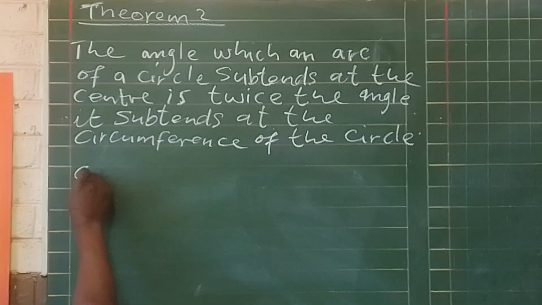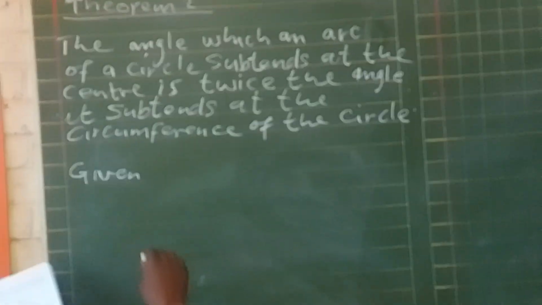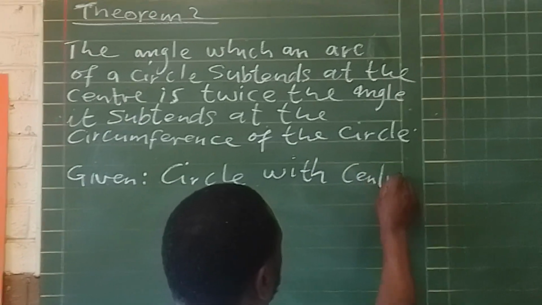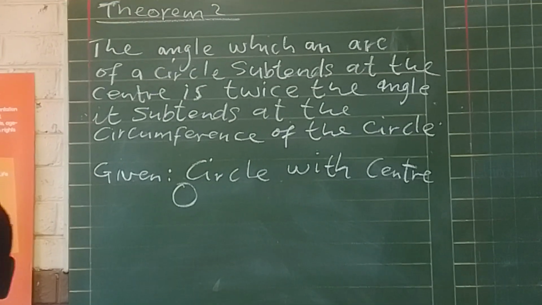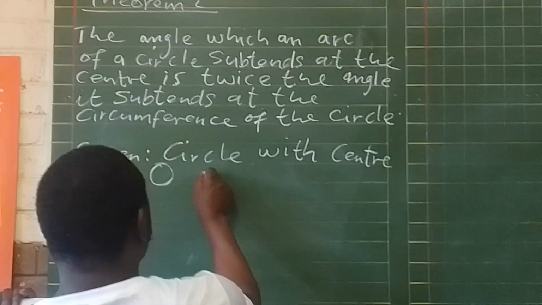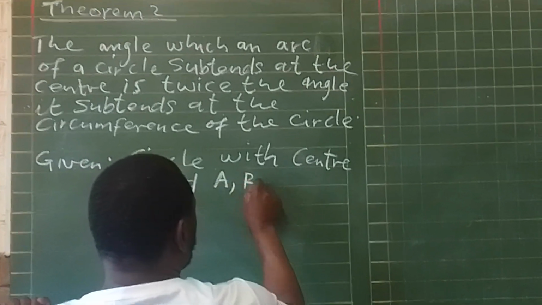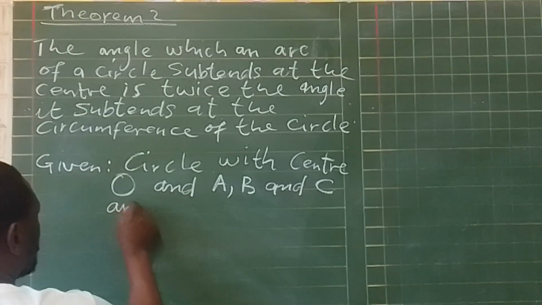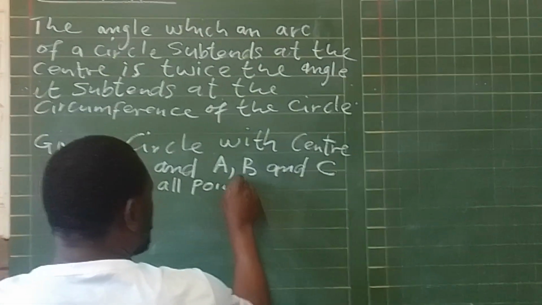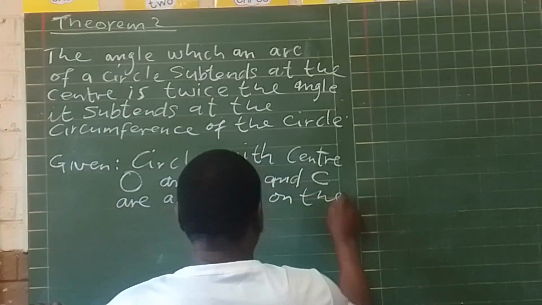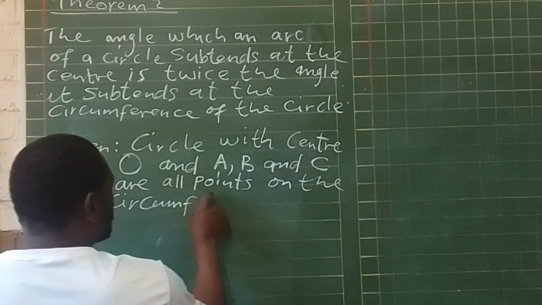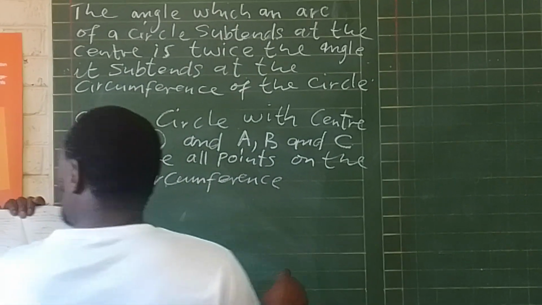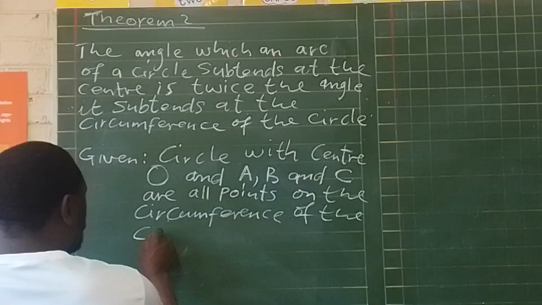Right here you will be given a circle with center O, and A, B, and C are all points on the circumference of the circle.